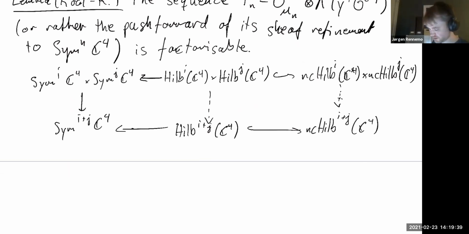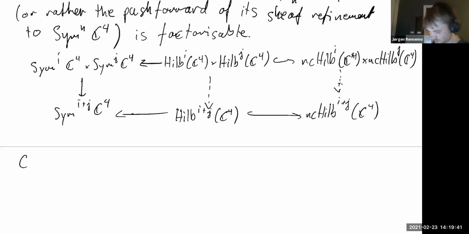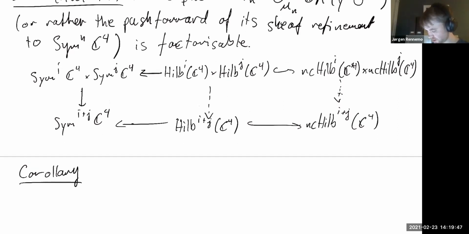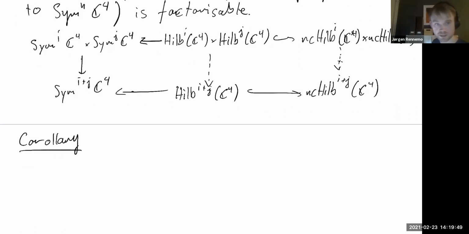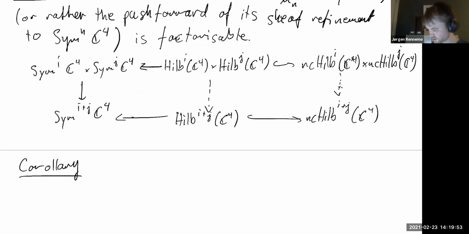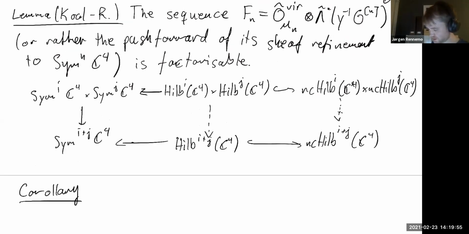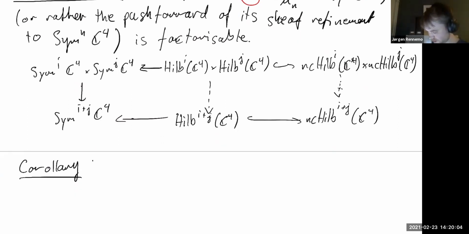Okay, right. So now we can apply this. A corollary to factorizability is the following numerical statement. So recall, the thing we want to compute is this Fn, which is factorizable.